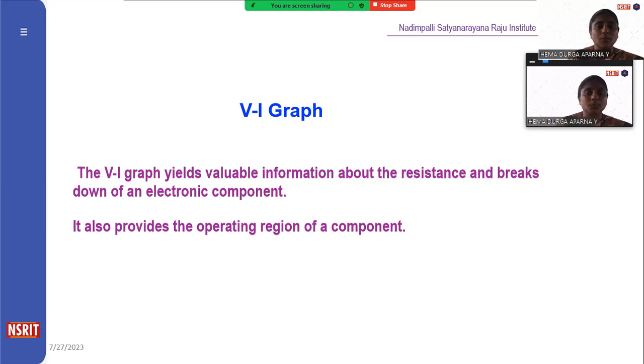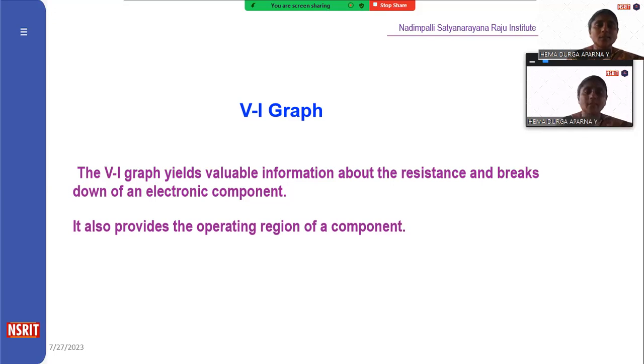As I already told you, a graph is a pictorial representation, so it gives us an idea about the variations in the applied voltage and the current flowing through that particular device.